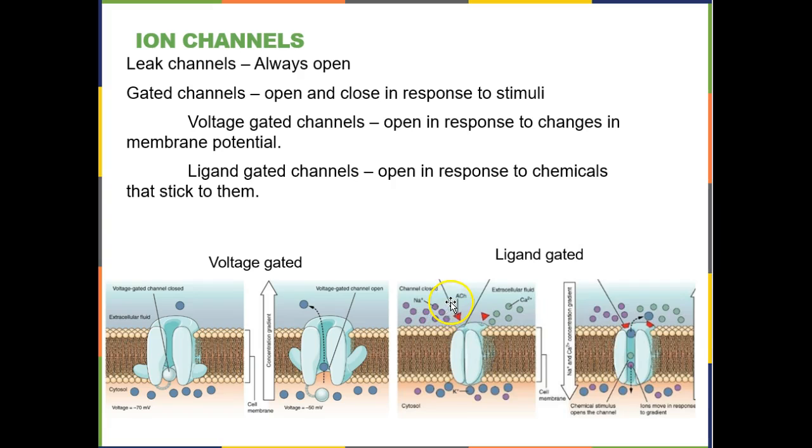So in this case, here's acetylcholine, which is going to stick to the receptor there, and then the channel or the receptor pops open, and now ions can flow through it. So you are going to see that this ligand-gated channel is what you have in your neuromuscular junction. They are acetylcholine channels, which we'll talk about in just a moment.